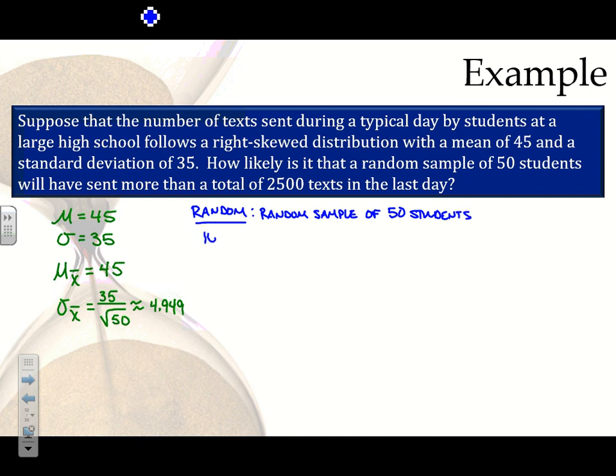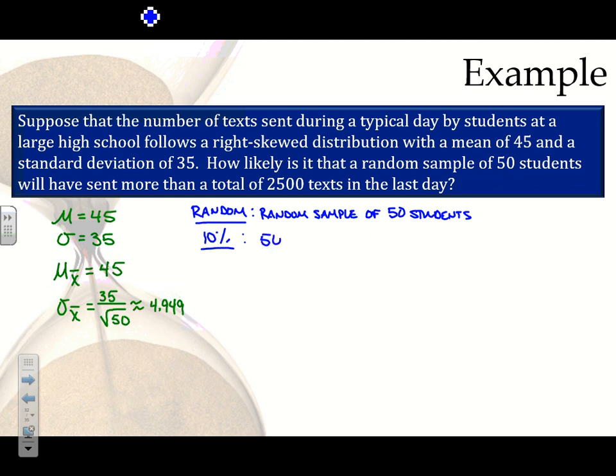Okay. The next one was our 10% condition. So our sample size is 50. Is it safe to assume that 50 students is less than 10% of all students at a large high school? Yes. So that's the key here, that it's a large high school.